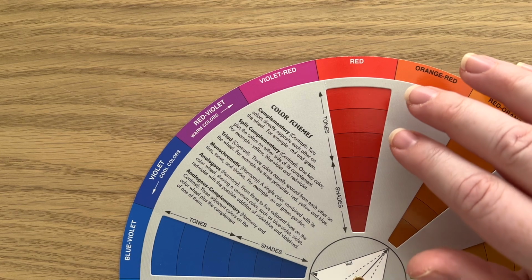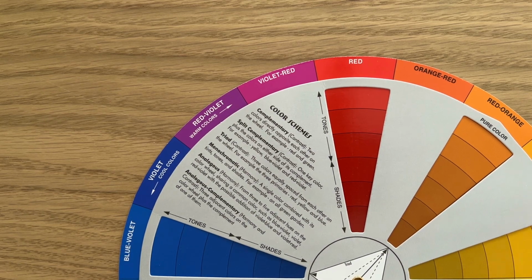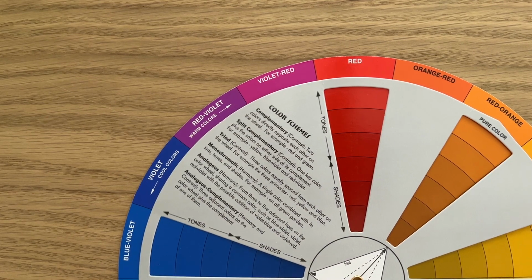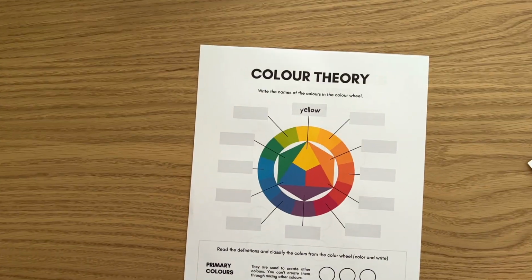So that's kind of like all the information that I have to give you today, because it's a lot to start to get your head around. So what I have done is I have created a couple of little free worksheets if you're interested in completing them and learning some more.